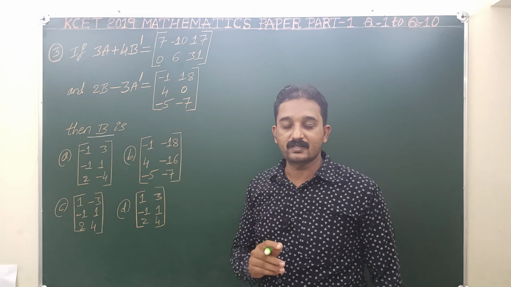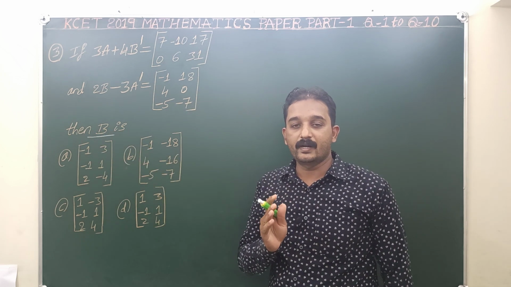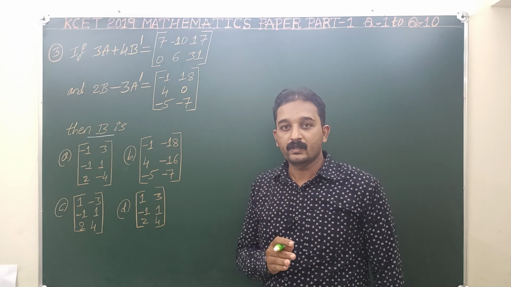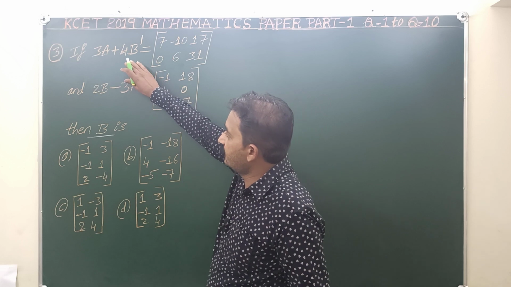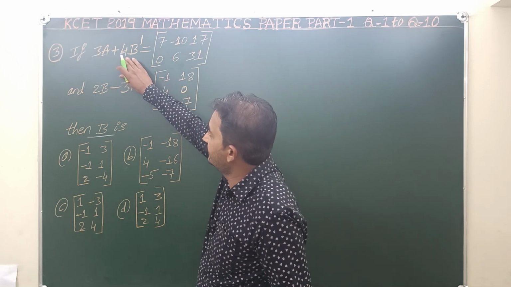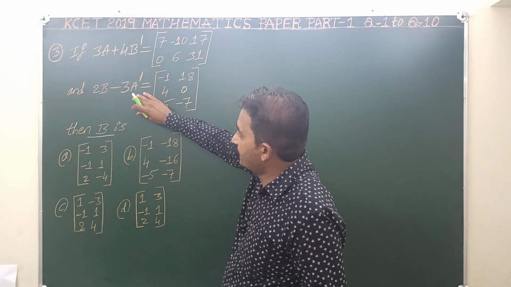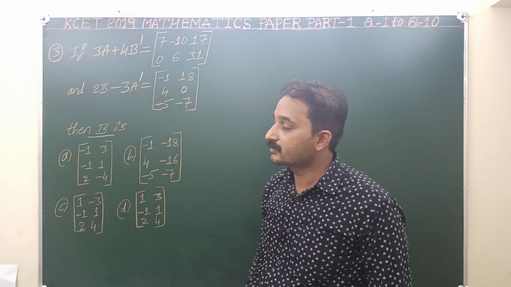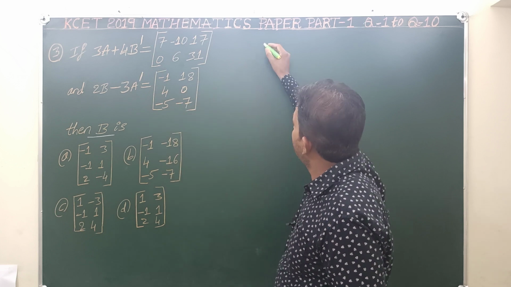We know that if the orders of two matrices are equal, then we can add or subtract these two matrices. So here, if we change the order of this matrix to equal that, and then add, we get the answer B. First we change the order of this matrix.